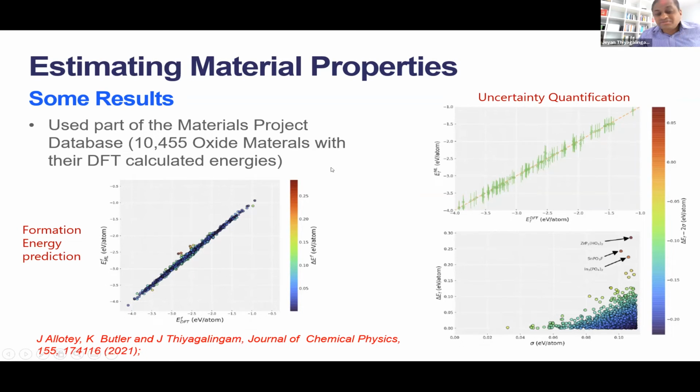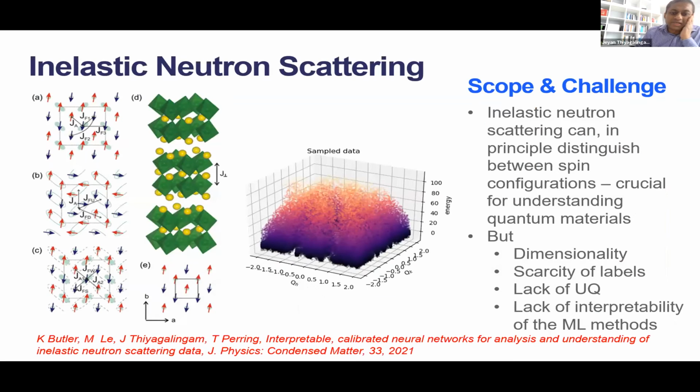In terms of evaluation, we used the Materials Project database, which has roughly 10,000 oxide materials. These are good because they come with DFT calculated energies as well, so there's a form of gold standard ground truth. This was a second sample of it.